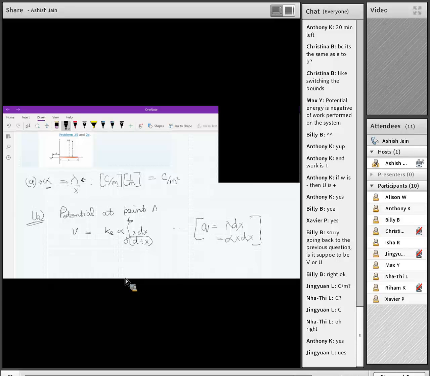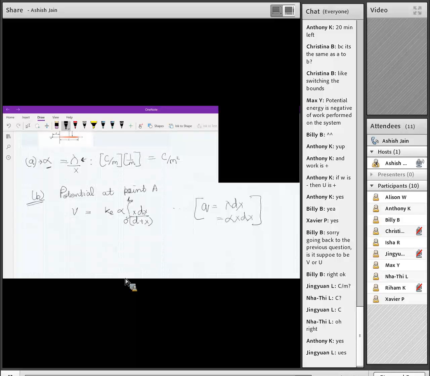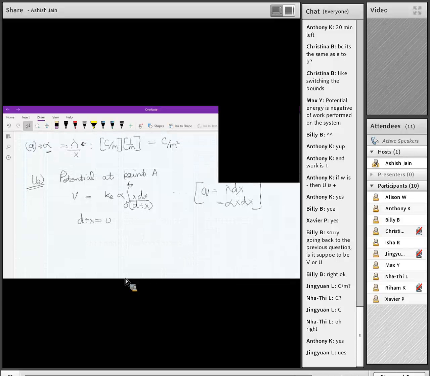If you guys get it, do you want me to solve the integral? I think it's a straightforward integral. You can use the substitution again. D plus x as u, then dx as du, then the limit goes from d to L plus d.